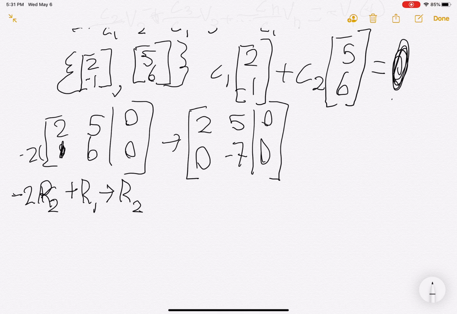Actually, we could just end here, since we can tell that if we divide both sides by negative 7, this becomes a 1, and the coefficient of 1 here, which is just c2, is equal to 0.